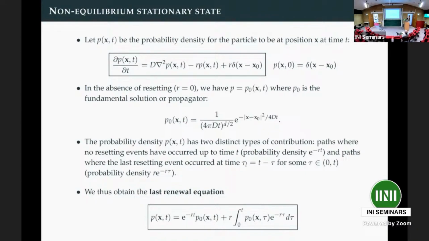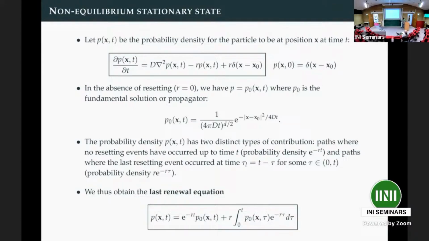And so this is an example of a last renewal equation that says, what are the contributions to me being at position X at time t, where there are all the paths that never reset, but in order not to reset, that probability is e to the minus Rt. So this is the contribution from never resetting.